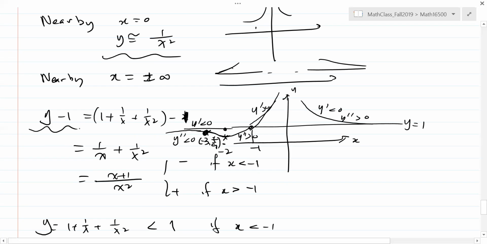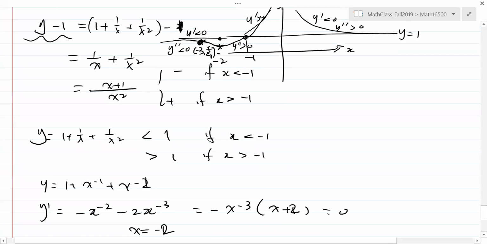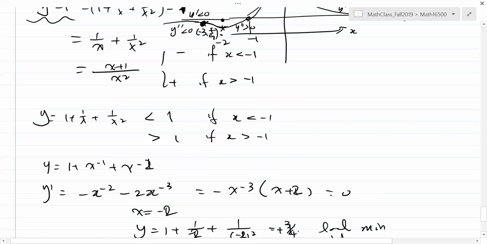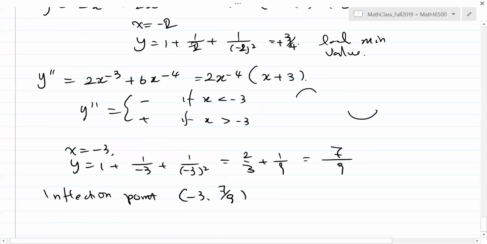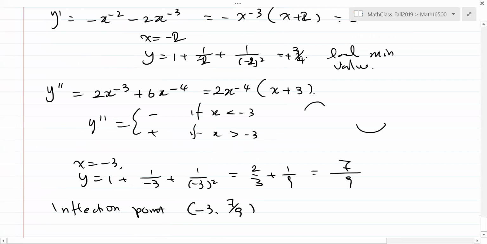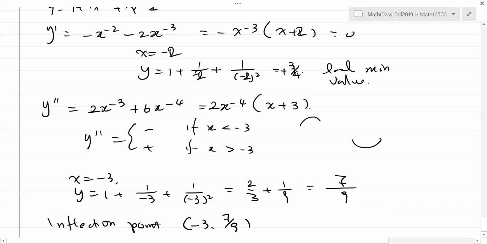One side concave up, the other side concave down, so there should be an inflection point. To find that, you just need to find the second derivative. From the second derivative, it's clear that when x equals -3 you get the inflection point, and then you get a precise picture.